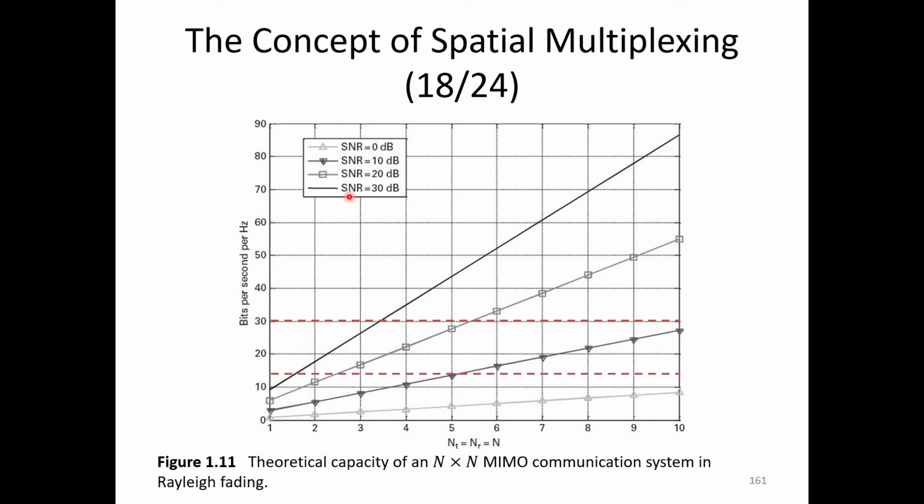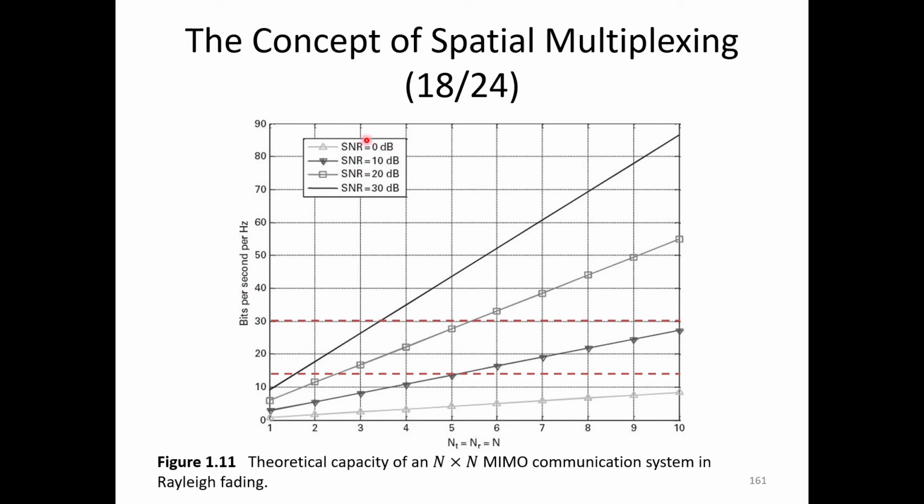And the fourth one is SNR equal to 30 dB, this curve. We can see that when N is larger, the theoretical capacity is also larger. And when SNR is larger, 0, 10, 20, 30 dB, the theoretical capacity is also larger.